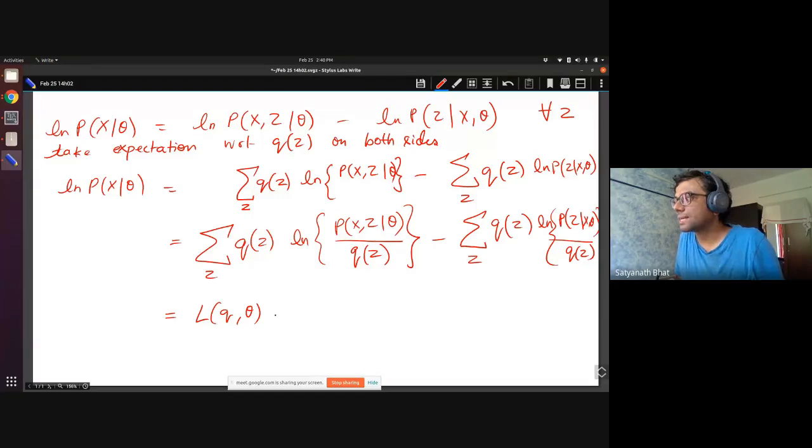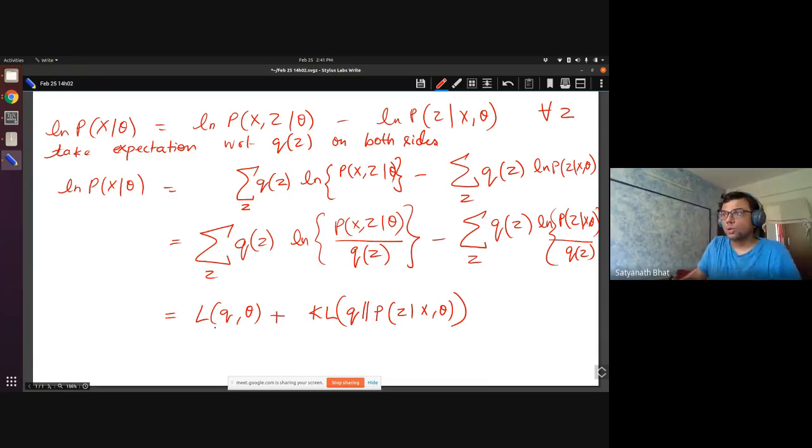The other term we will call the KL divergence between q and p(z | x, theta). So L(q, theta) is equal to this term, just naming them, and the KL divergence is the negative of this term.